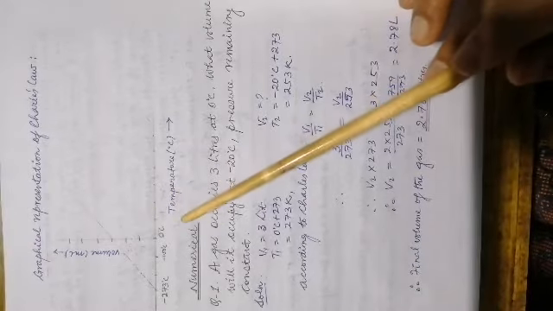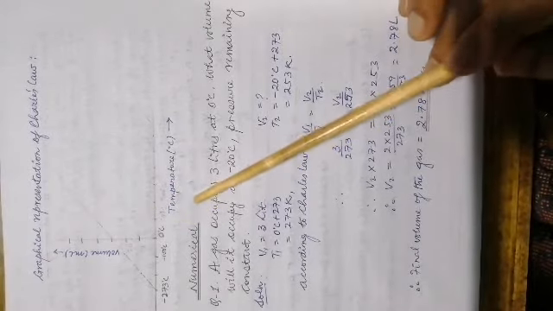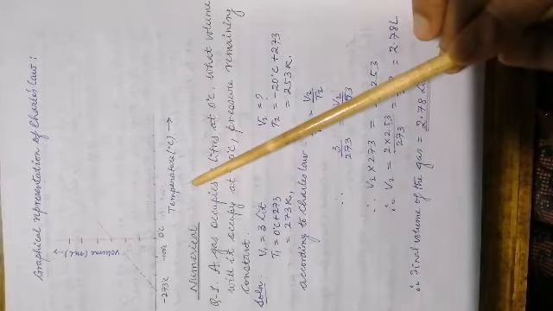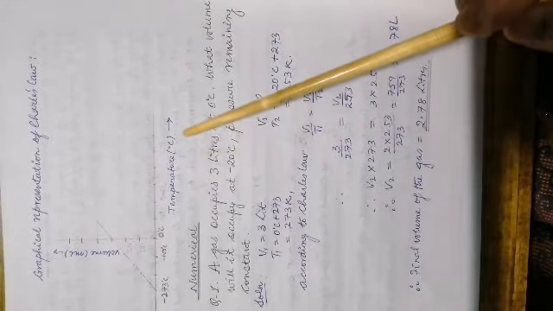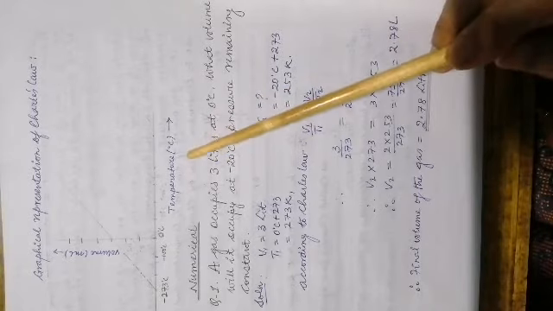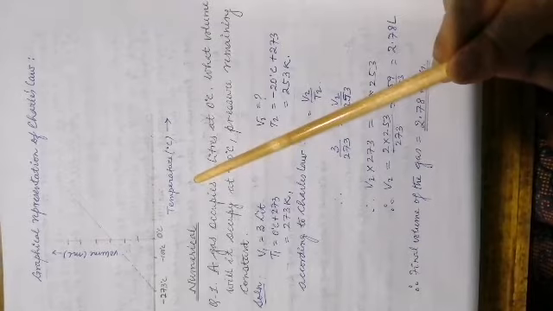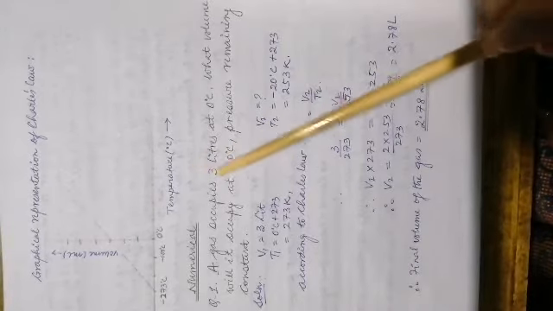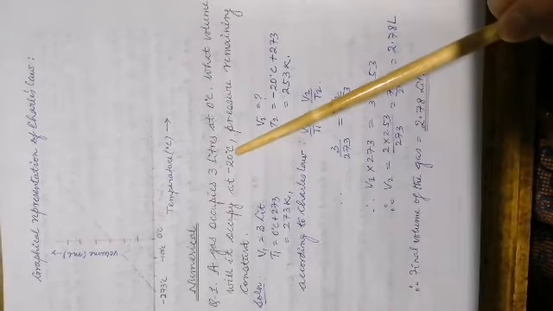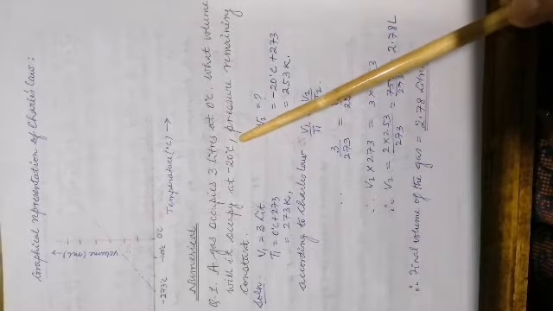Now let us work out a numerical based on Charles' law. You have learned that V1 by T1 equals V2 by T2 when the pressure is kept constant. And before solving a numerical, if the temperature is given in Celsius, you are going to convert it into Kelvin.